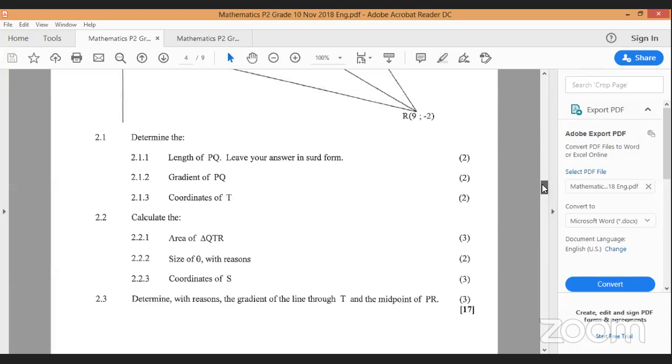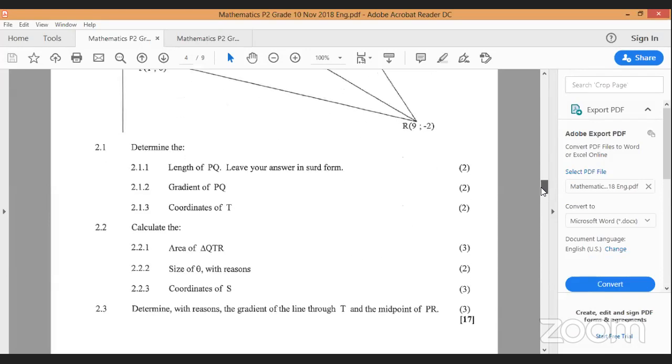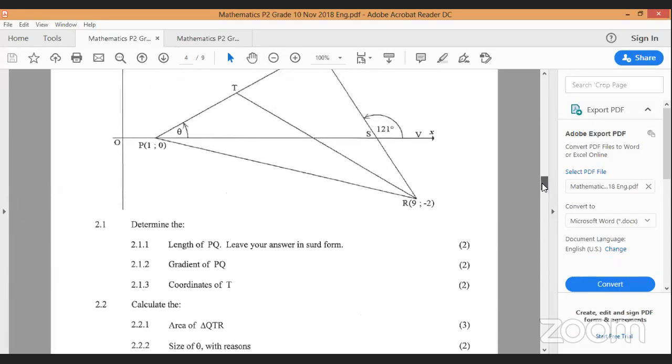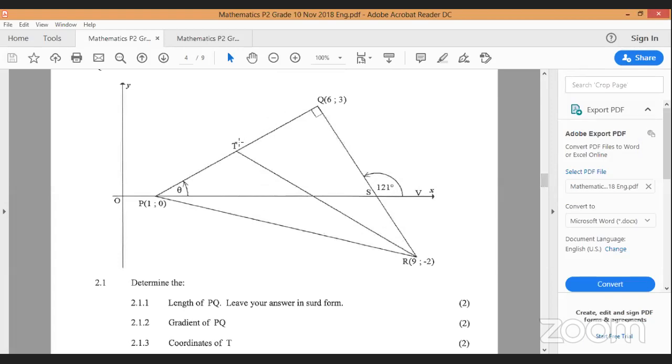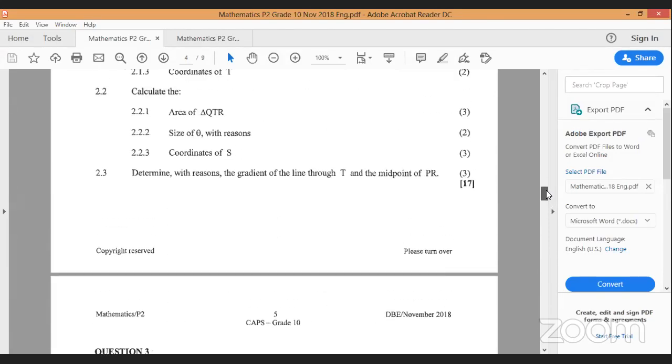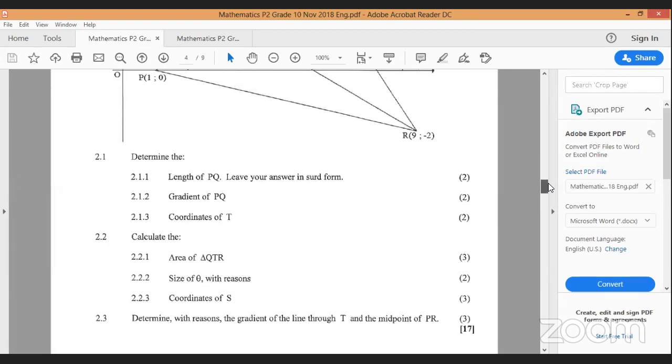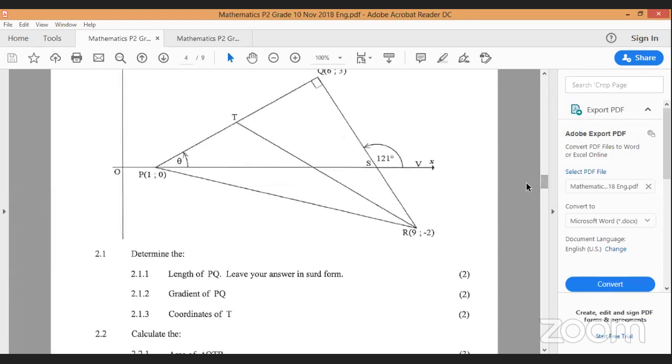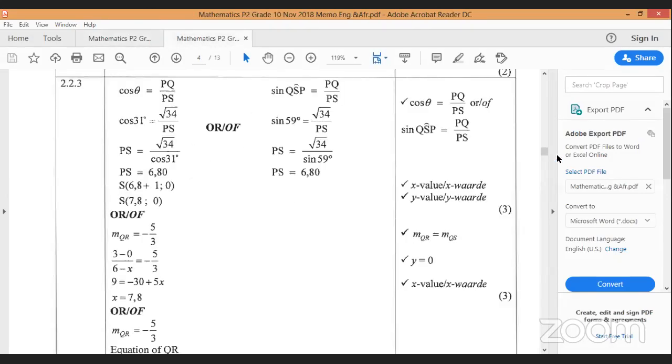So the gradient of the line through T and the midpoint of PR. So now, if you look at this one, guys, let's look here. Okay, we are only left with a minute.